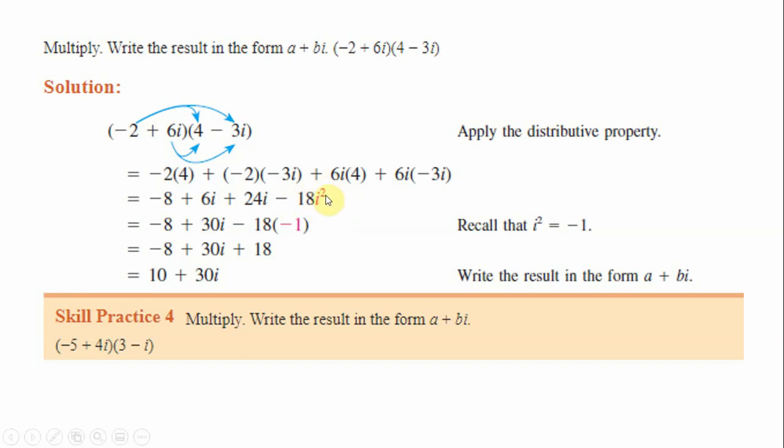Anytime I have an i raised to a power, I want to go back and represent it with what we already know: i squared is negative 1, so I replace that. Then I've got a negative times a negative as a positive, and now I can group those with my constants, my real part, which gives me 10 plus 30i. I always want it in terms of a plus bi. I don't want any exponents on my i.